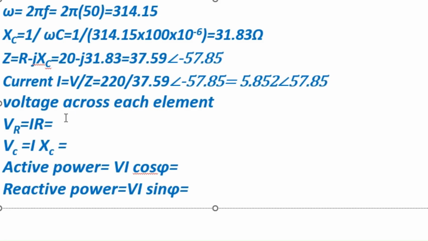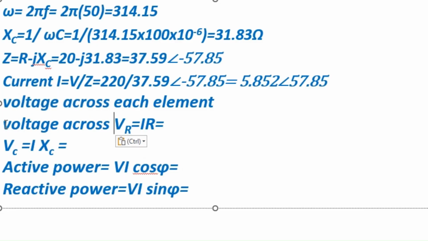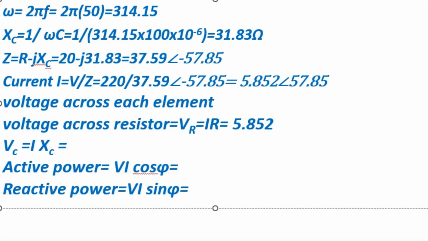Now we can find the value of voltage across each element. The voltage across resistor R, VR, equals IR, where I is 5.852 multiplied by the value of resistance, 20, which gives 117.046 volts.